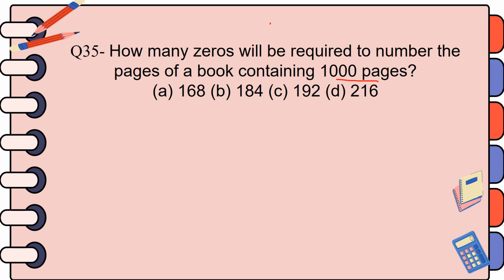Try to just count the number of zeros. Of course, it may take time to count all the zeros starting from page 1 up to page 1000. So there must be a shortcut way to work out this question.